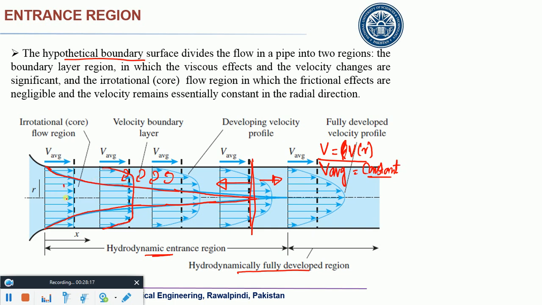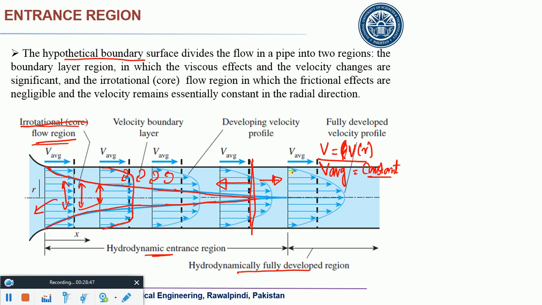But between these two boundary layers, this region is known as the irrotational core. Why? Because there would be no eddies at all. The viscous effects cannot be felt over there. If the viscous effects cannot be felt in this triangular kind of region, you call it the irrotational core flow region.